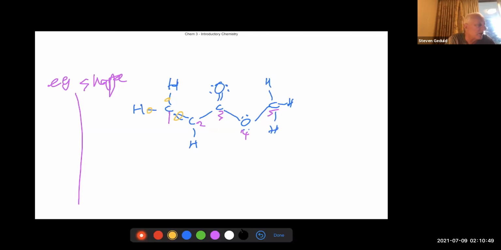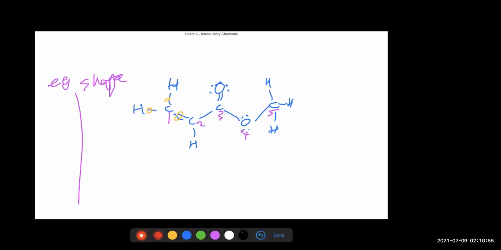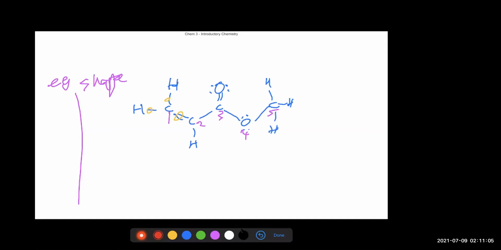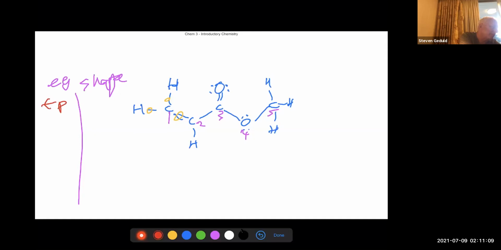So what's the electron geometry? 3 groups with no non-bonding electron pairs would be trigonal planar. And the shape would be trigonal planar. Okay, look at number 2. How many groups are there?